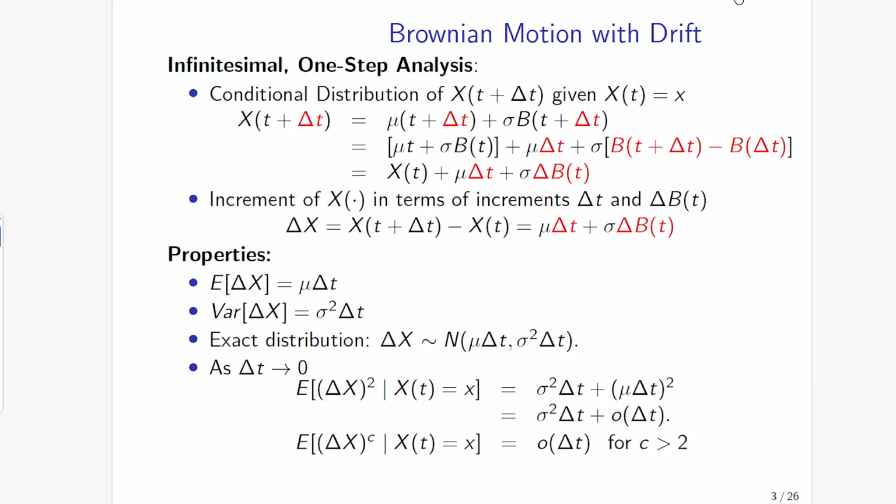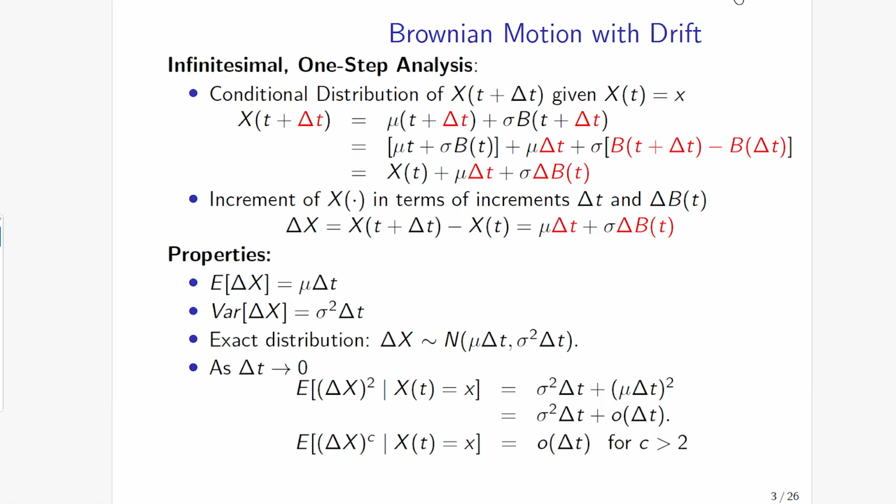Then we have a term mu delta t, which is a constant, not random. But then we have the increment of the Brownian motion process from time t to time t plus delta t. So actually there's a typo here. That should be B of t plus delta t minus B of t.